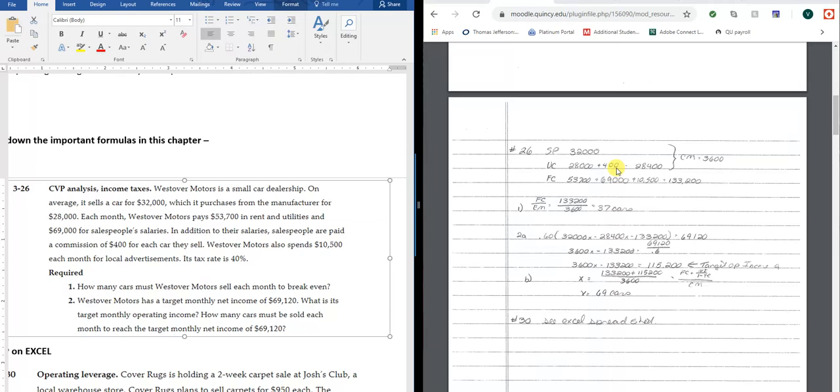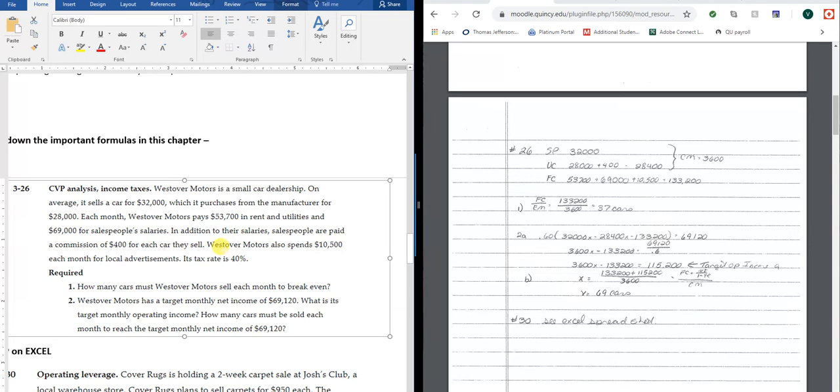They also spend $10,500 each month for local advertising. So I've added $10,500. Right here when they say each month, I need to figure out if I have any other issues where I've got a monthly and a yearly thing. And notice they say rent and utilities.